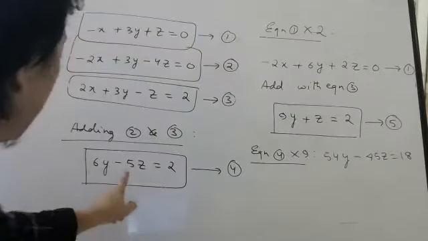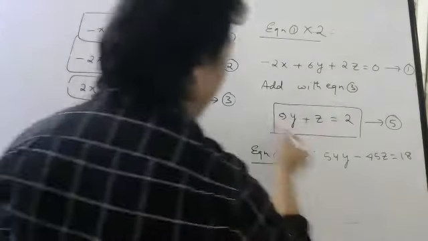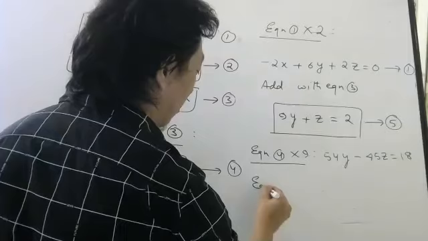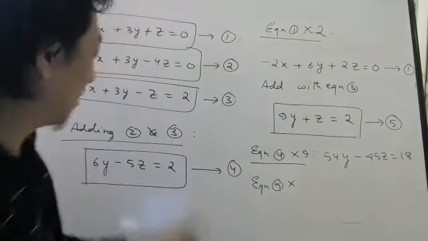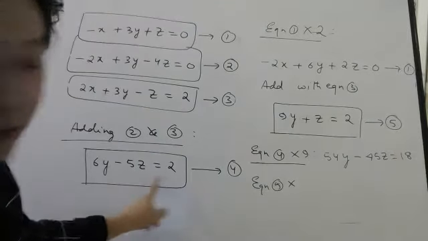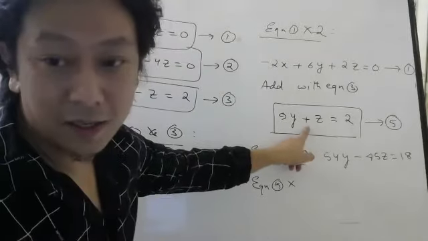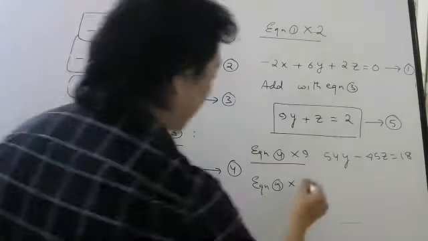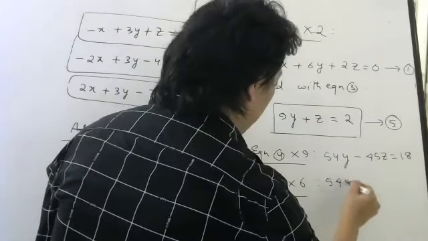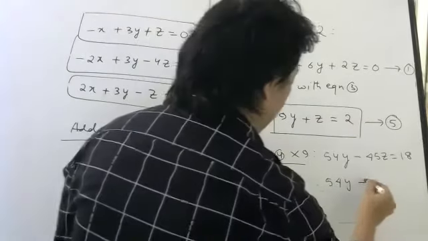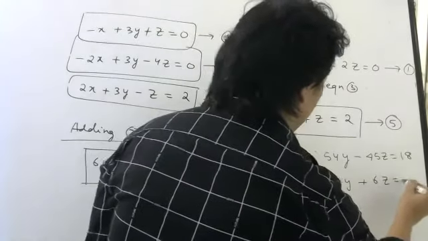So I multiply this with 9 and I multiply this with what number? You have solved simultaneous equations or not? So this number I multiply with 9, and this number you multiply with 6. Then you will get 6 9s are 54y plus 6z, 6 2s are 12.